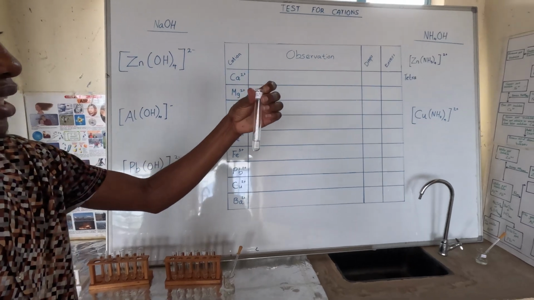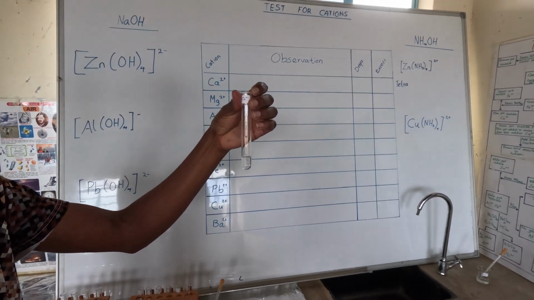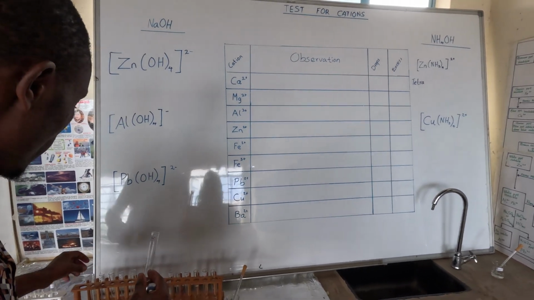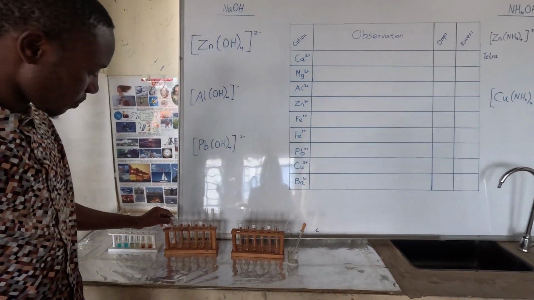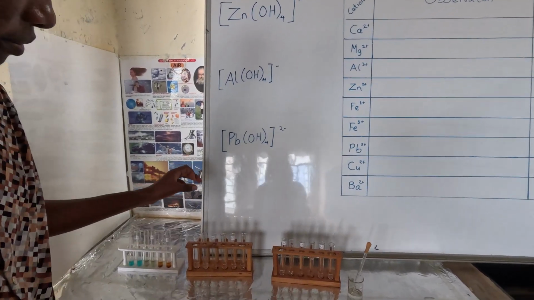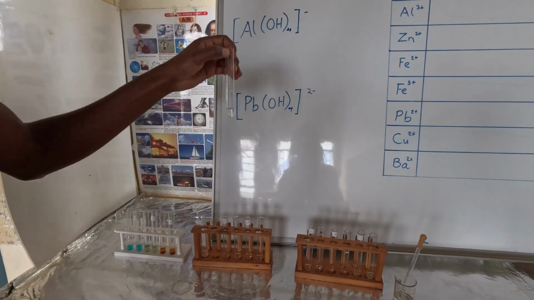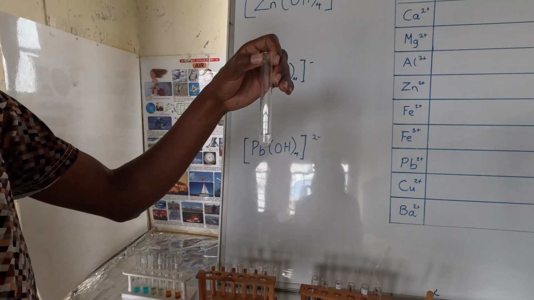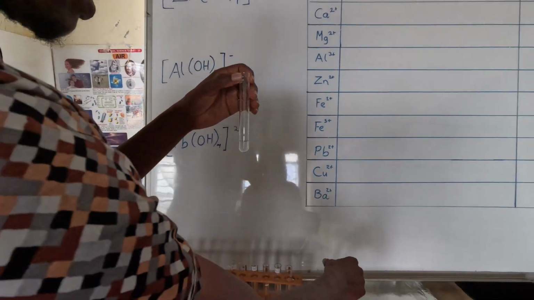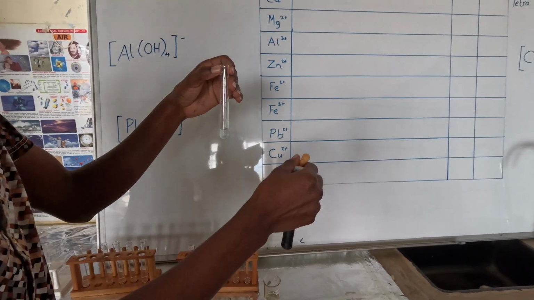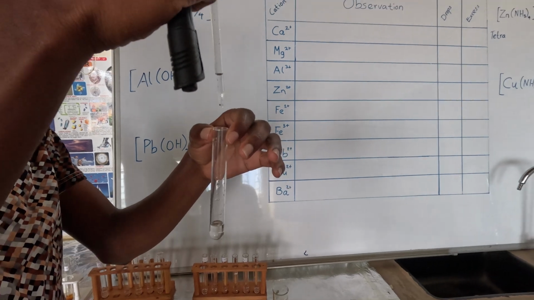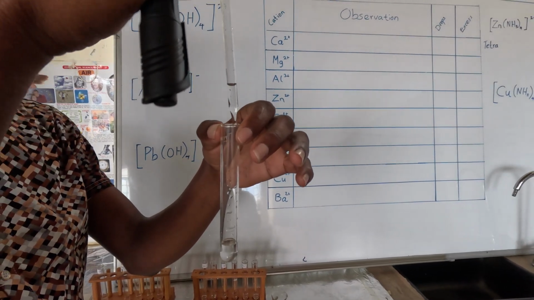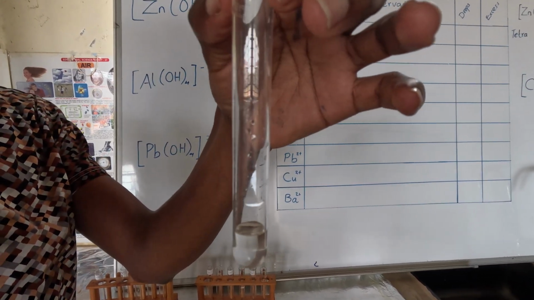This is calcium ions, and I have subdivided it into two. I'll start by using the one that is not treated, so that when I'm getting to the next practical, I don't confuse myself. I'm going to take my sodium hydroxide and add 3 drops.